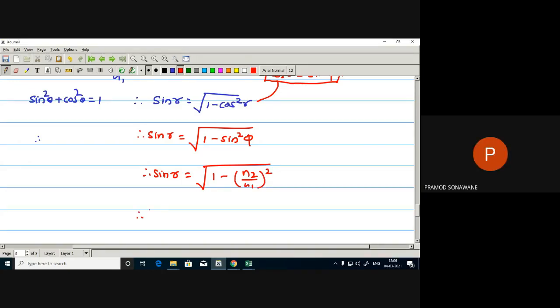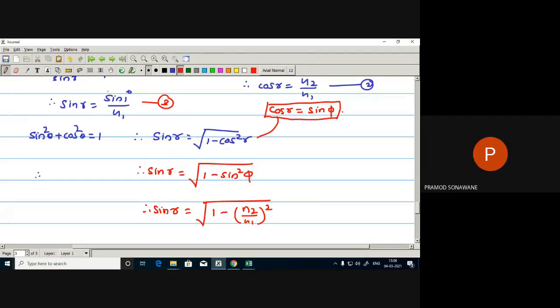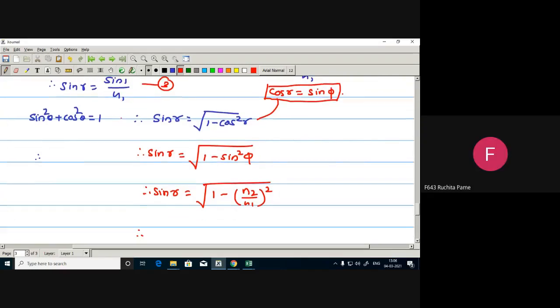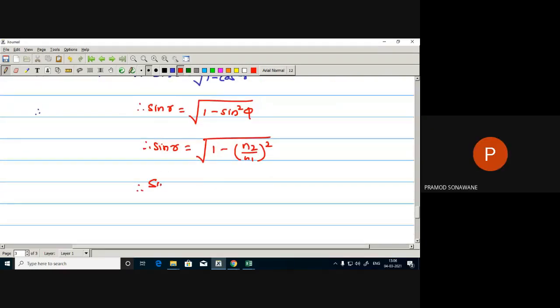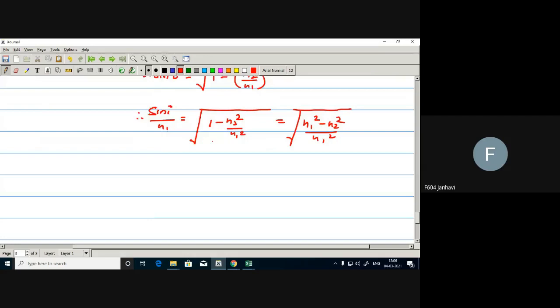So again, sin r is what? From equation 3, sin i by n1. We have to shift these terms into n1, n2 format, refractive index. So root of 1 minus n2 square by n1 square. And if I just solve this, we'll get root of n1 square minus n2 square by n1 square. So again sin i is how much?